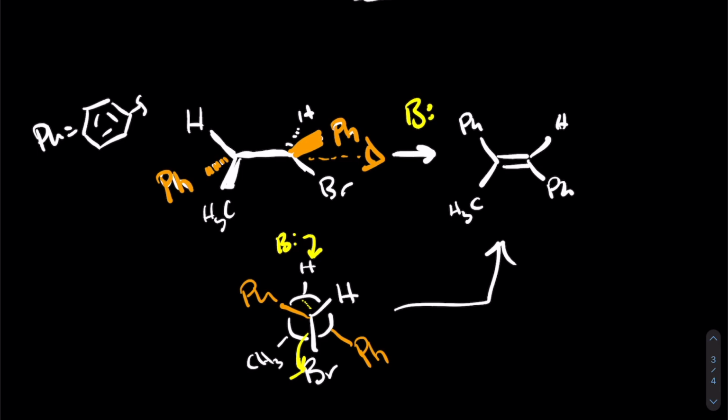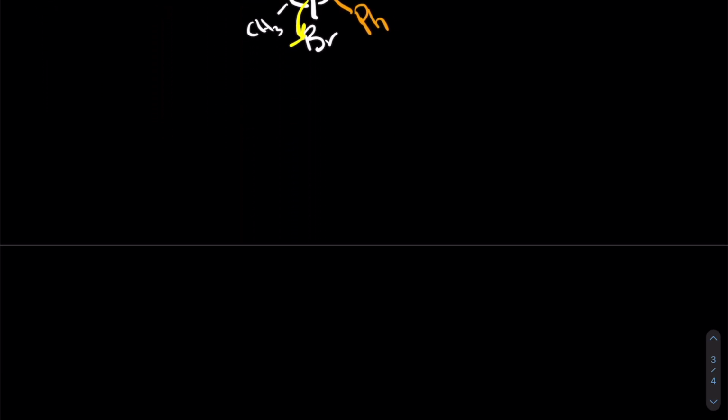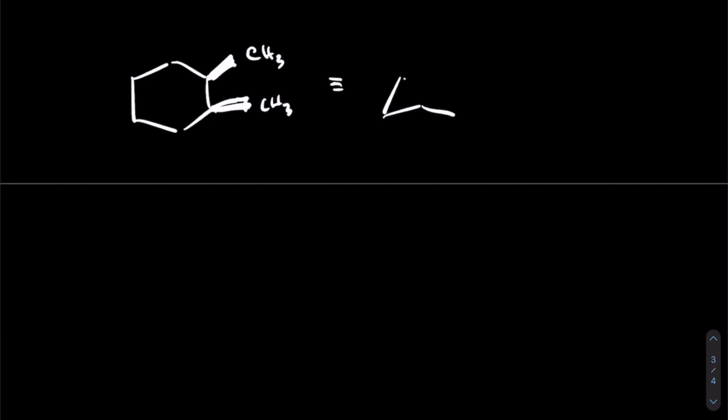So let's right quick talk about six-membered rings. We've just briefly reviewed some six-membered ring business, right? We talked about it a while ago, but it's worth rehashing. So in a six-membered ring, if I drew you a six-membered ring and drew this up and drew this up, so that those are cis to each other, that would be equivalent to a chair.